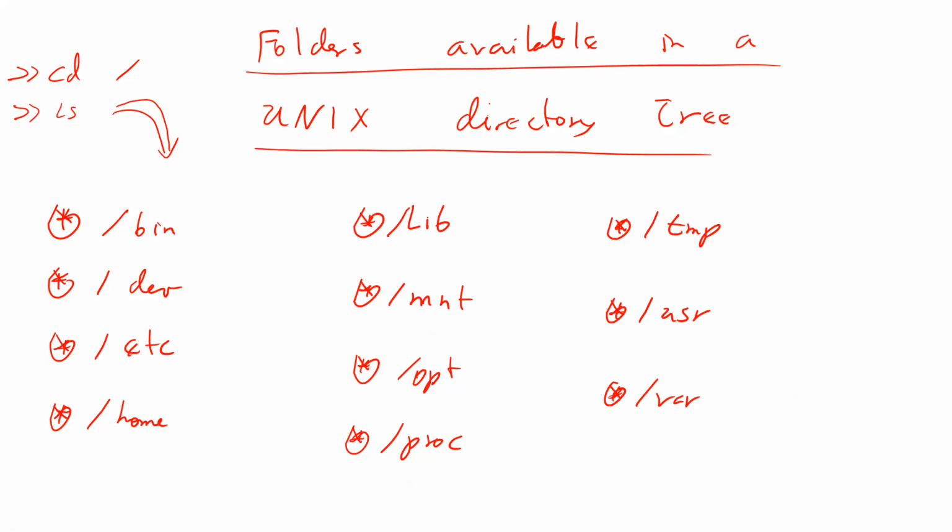Let's start with bin. Bin is usually where, in Unix systems, you have all the existing functions, all the processes that you're going to run, all the executables, if you will.